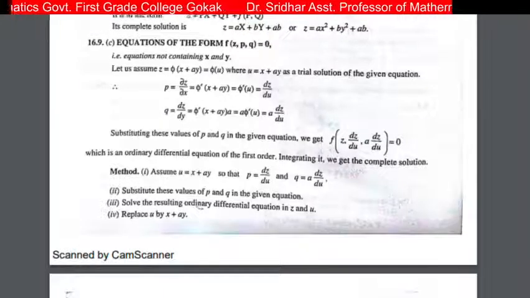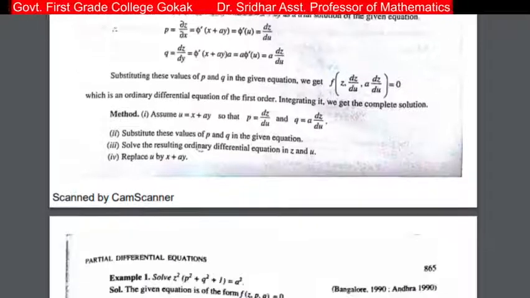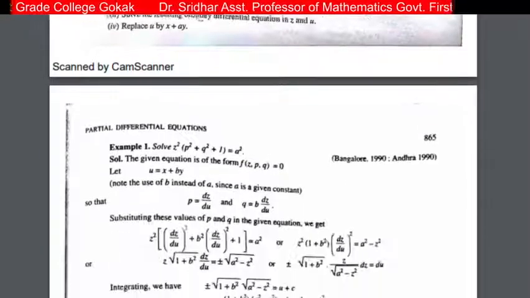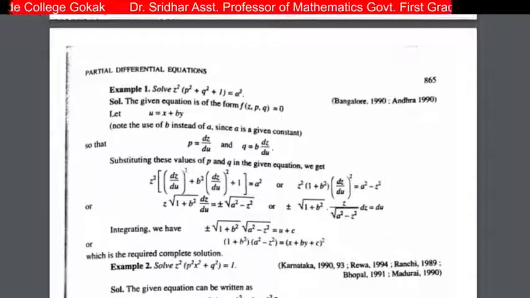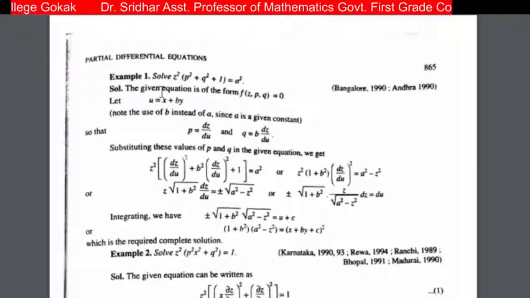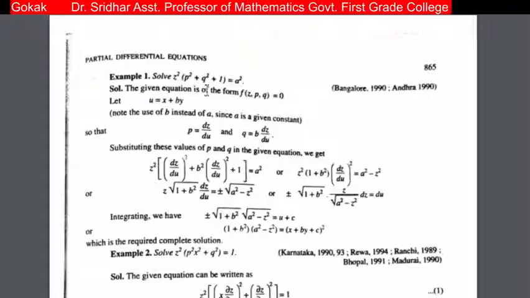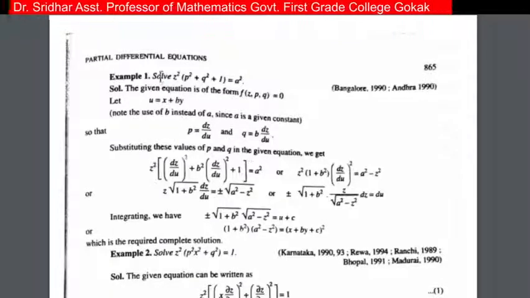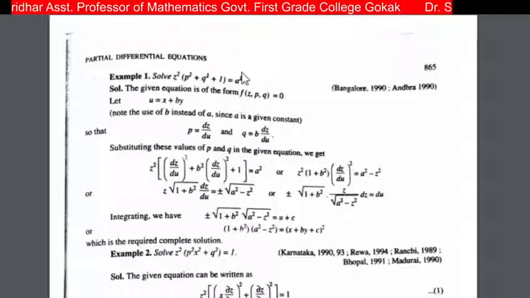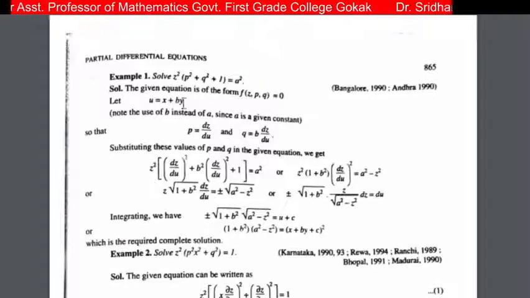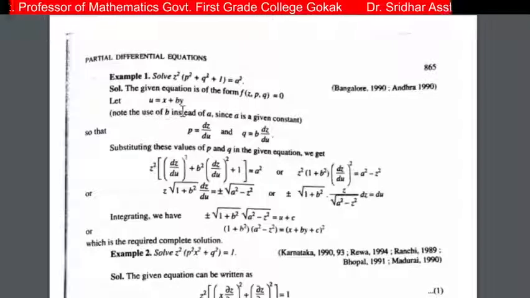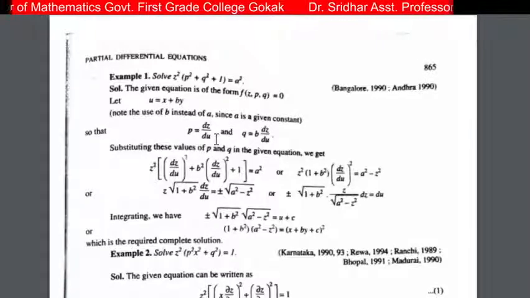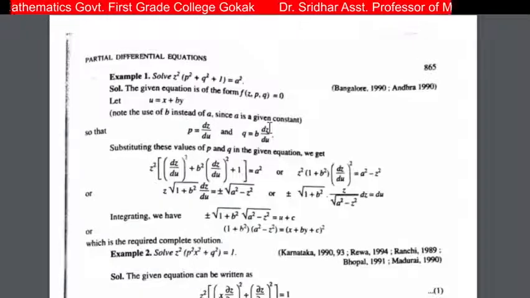Now we see some examples on this. Solve z square into p square plus q square plus 1 equal to a square. Now it is of the form f of z, p, q equal to 0. So here we assume that u is equal to x plus by. Then p is equal to dz by du and q is equal to b into dz by du.